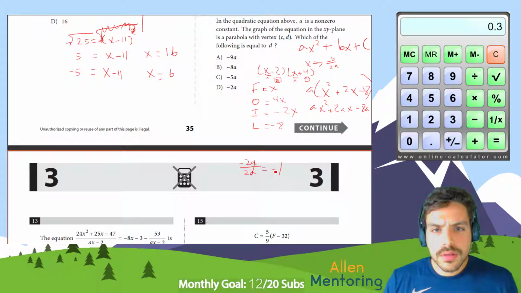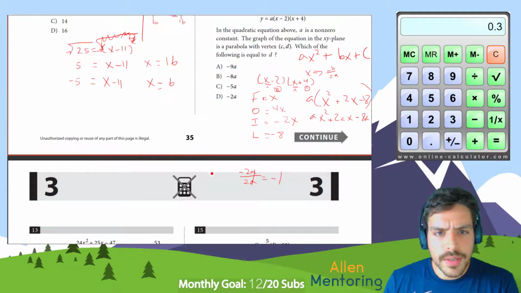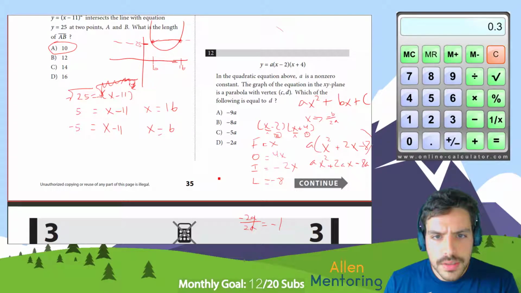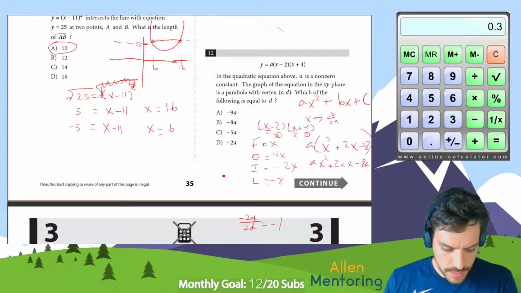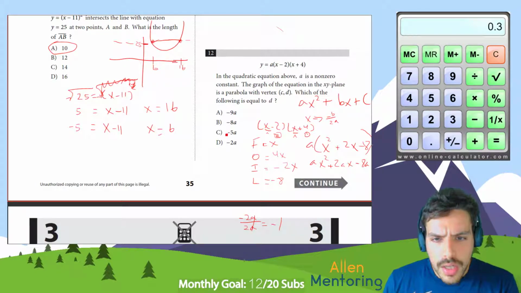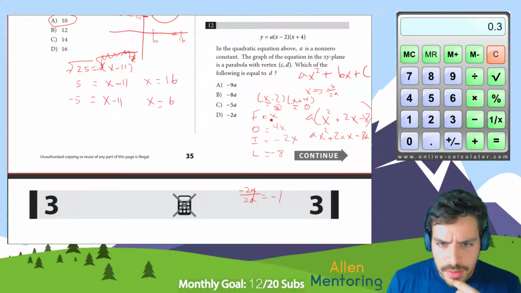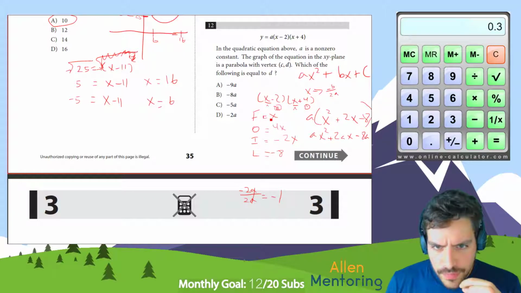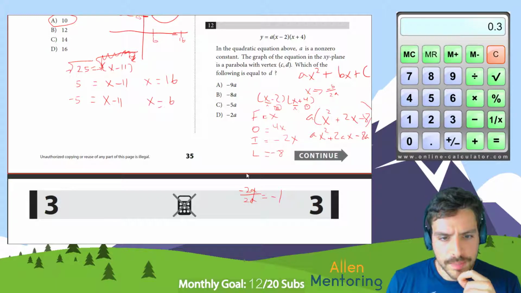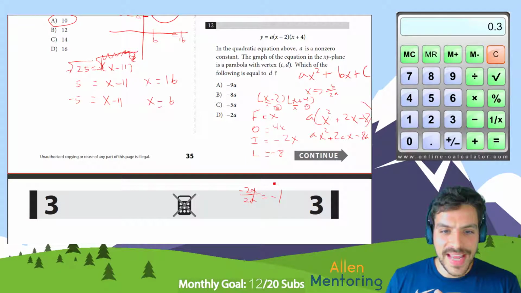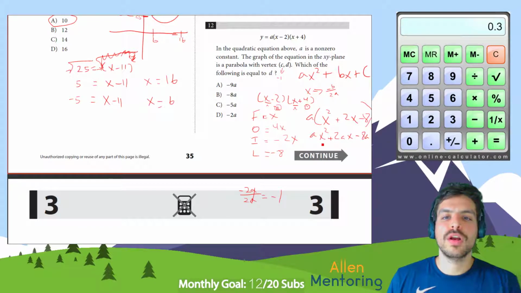Wait a minute. Plus 2x. Okay, I think this is good so far. I have different things in my notes here, but I think it's negative b over 2a. And so if we know that the x value of our vertex is negative 1, how do we find out what the y value is? What you would do is plug in negative 1 for x.